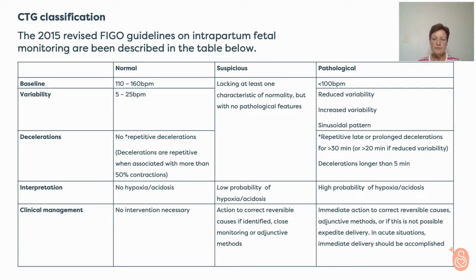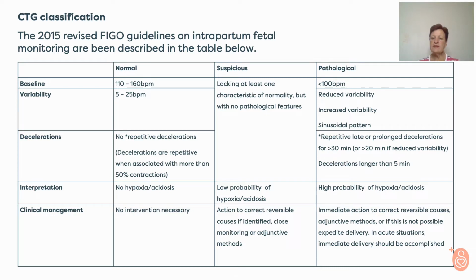These fetal heart rate characteristics might be suspicious if at least one of them is not normal. So if just the fetal heart rate is not normal, or the fetal variability is not normal, but they're not falling into the pathological category, we classify them as suspicious. Then pathological is when the fetal heart rate is less than 100 beats per minute, so it's bradycardia.